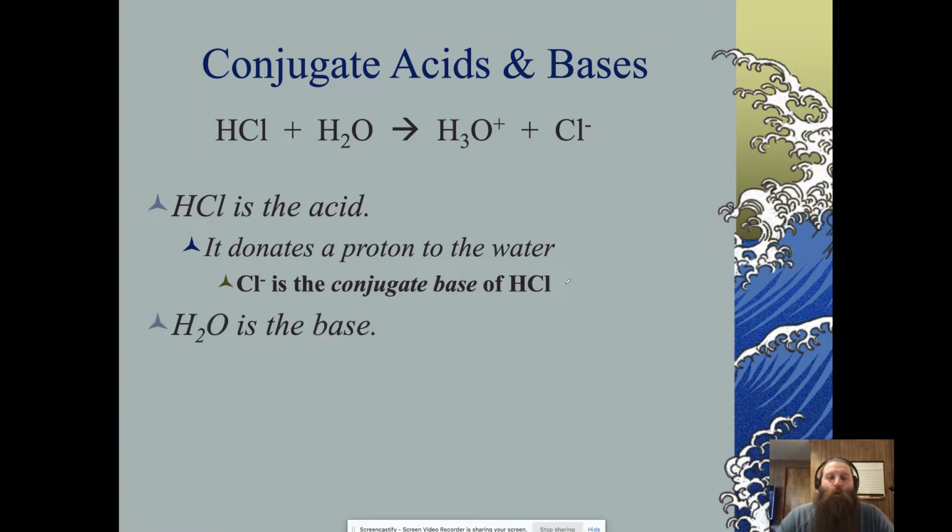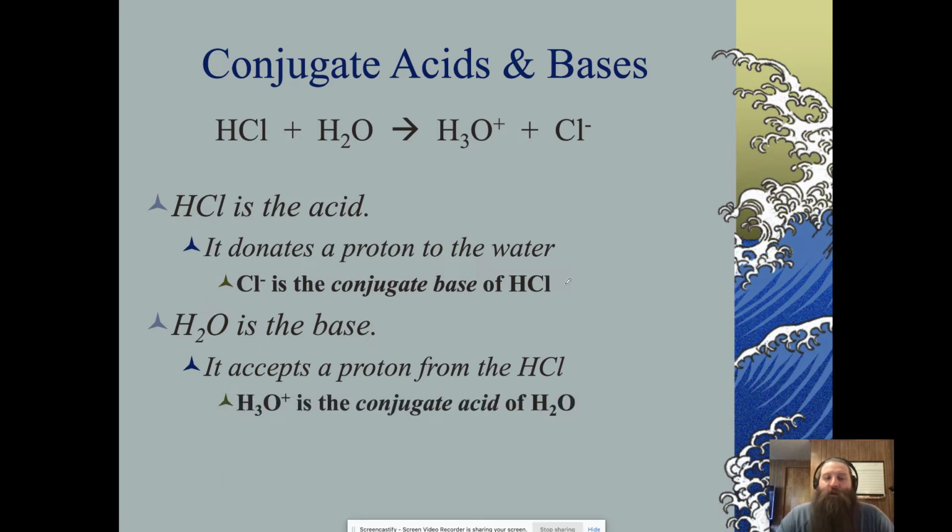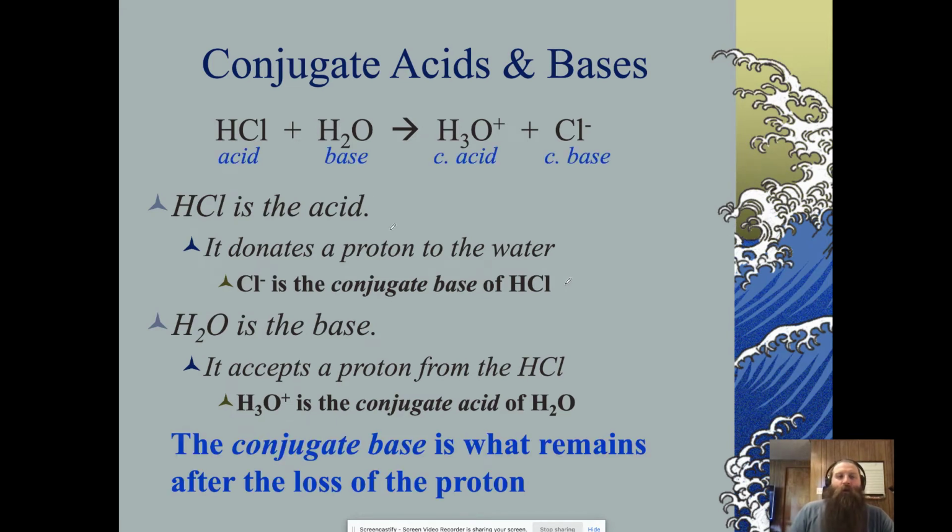Now in this reaction, water is acting as a base. It's not acting as an Arrhenius base, it's acting as a Bronsted-Lowry base because it's accepting a proton. That means that H3O plus is the conjugate acid of water. So how am I tracking this? Well, the acid forms the conjugate base by losing a proton.